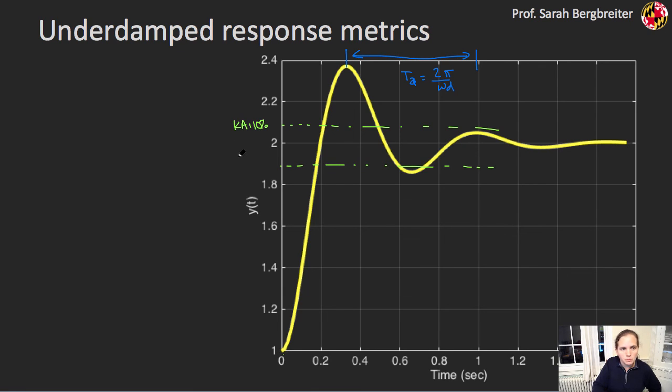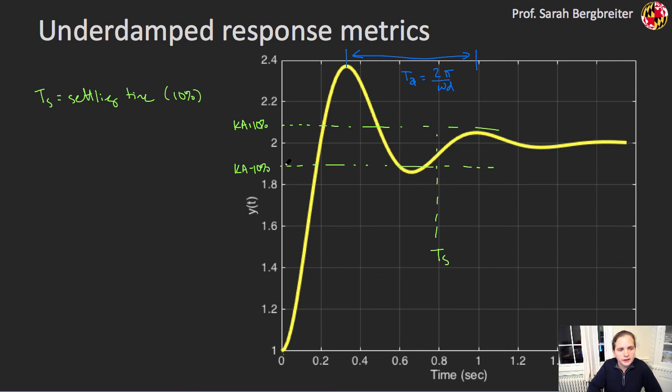So 2.1 here, and this is Ka minus that 10%. And once I'm within that boundary, and it looks like I am within that boundary around here, that is my settling time right there. So TS is my settling time. And this is a settling time based on a 10% metric. Sometimes you'll see a 2% settling time instead.